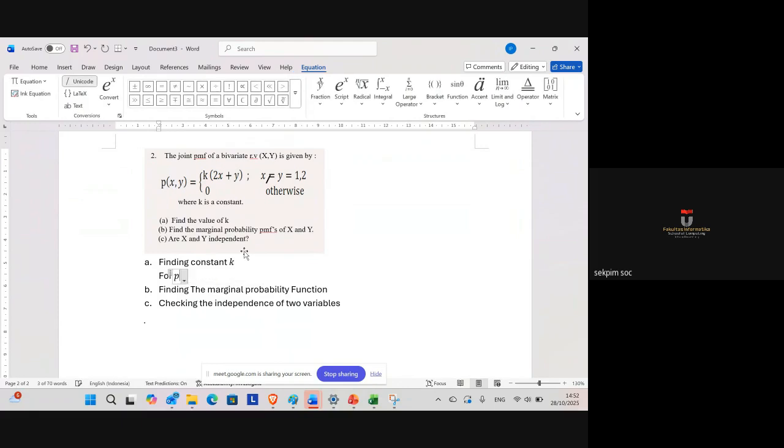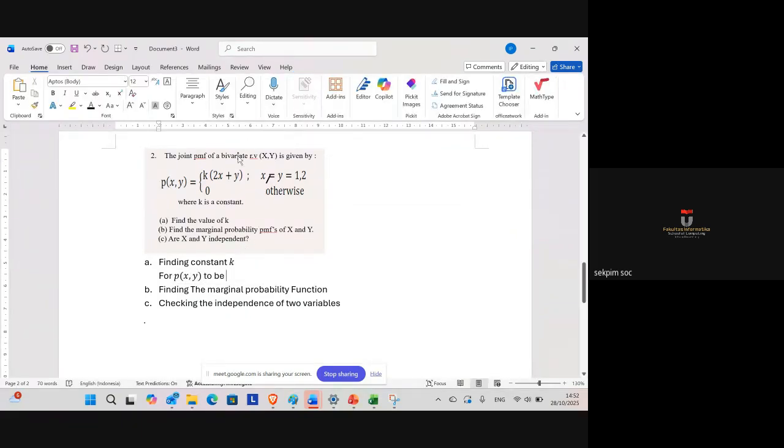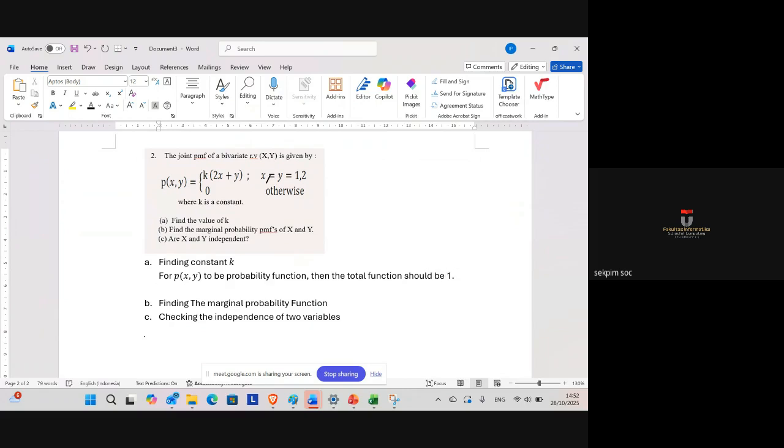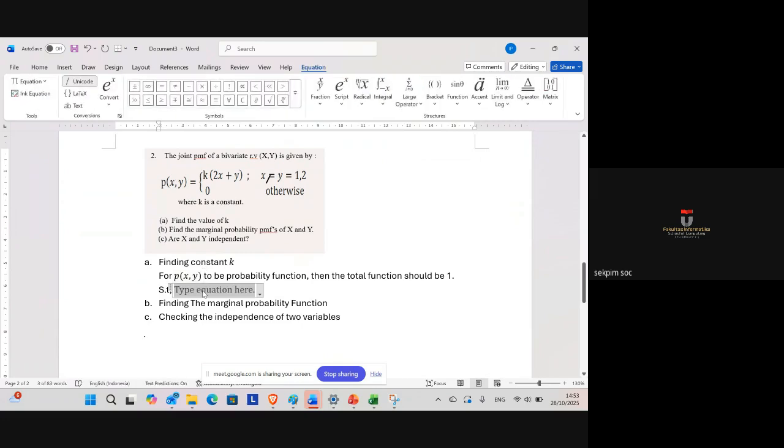For P of X and Y to be a probability function, the total should be 1, such that we take all the sum, right? This is because it's discrete, so we take the sum.